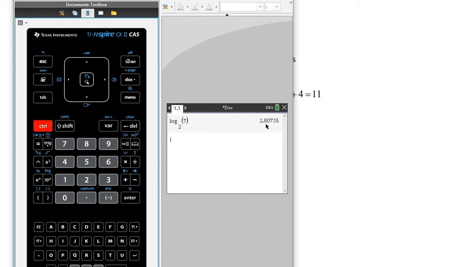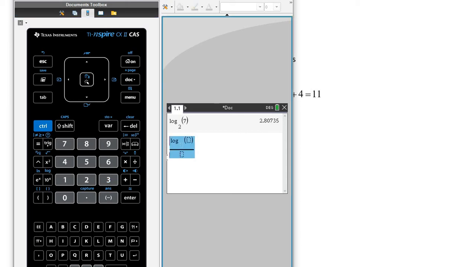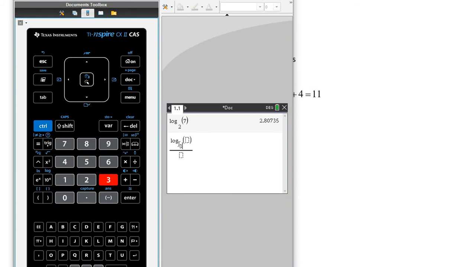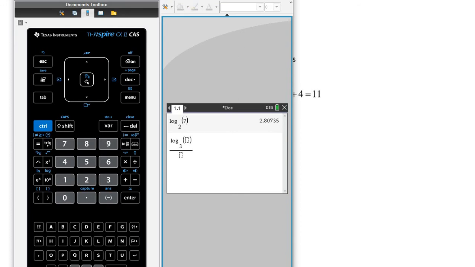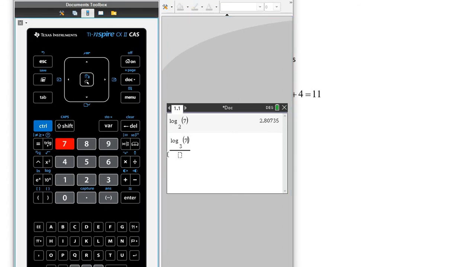Just in case you need to see what it looks like on your CAS, I would actually start by putting it as a fraction. So I'm going to hit Control and the little division bar, so that gives me my fraction symbols. Then I hit the log button, and it's base 3, and then 7.5.